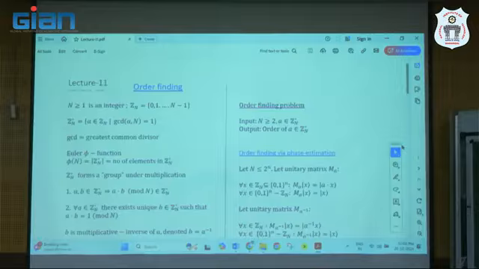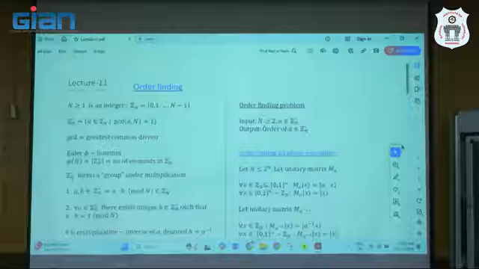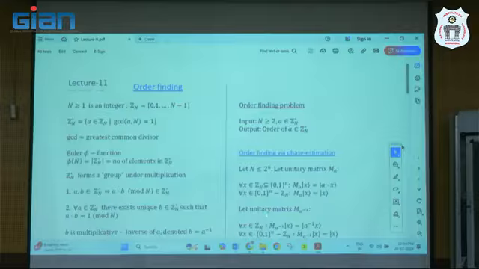Therefore, multiplication is a one-to-one operation, not many-to-one, because if it were many-to-one, you wouldn't have the inverse. Agreed? So this is a one-to-one map. This MA is a unitary. Similarly, you can define MA inverse, which is multiplication by A inverse.